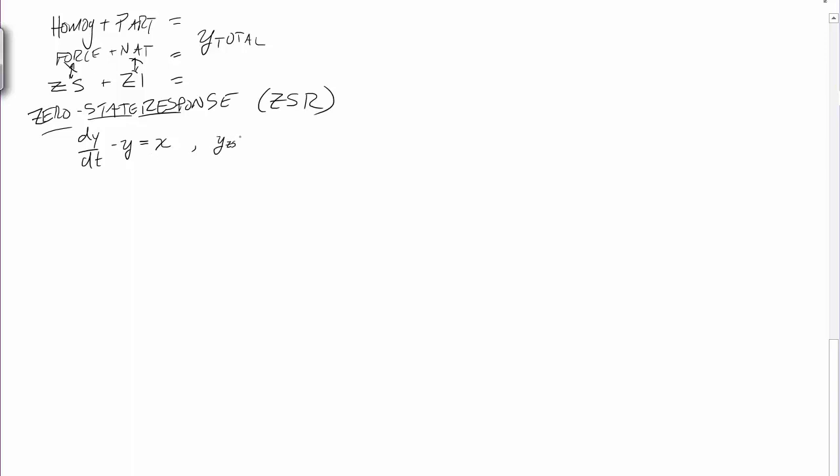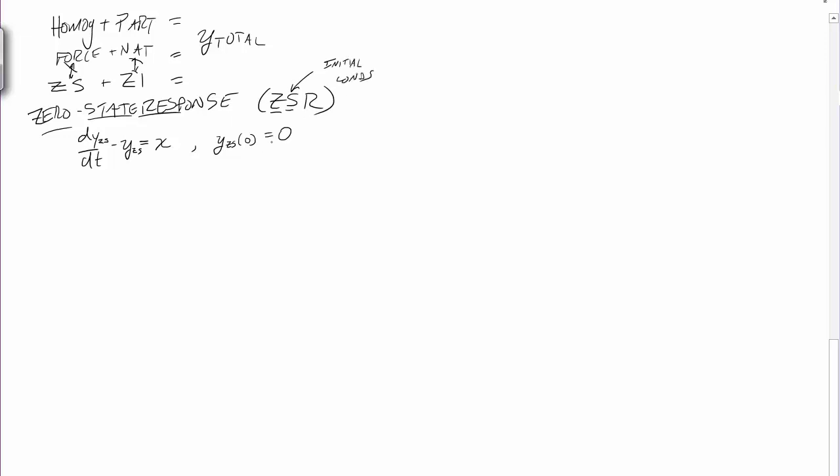The zero state initial condition is always 0. So I'll put ZS's on these just to make it clear. So this is a new problem with the same inhomogeneous differential equation, but a different set of initial conditions. And by virtue of it being zero state, when you see state, think initial conditions.